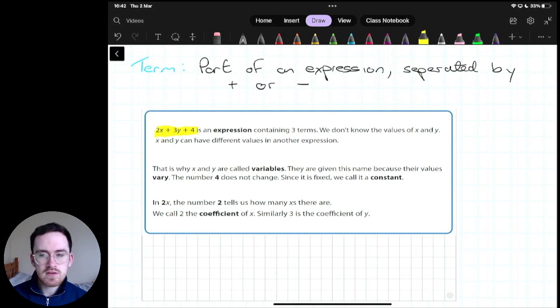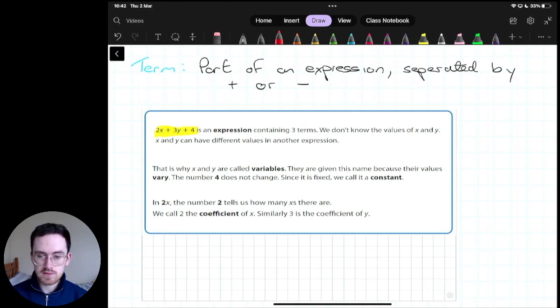We don't know the values of x and y, and also x and y could have different values in another expression. So if we find out that x is 2 during one question, that does not mean that in the next question x is still 2. And that's why they're called variables, because they can change. What we're pointing at here as well is the number 4 is the constant, okay, because it doesn't change. No matter what x or y is, 4 will always be 4.